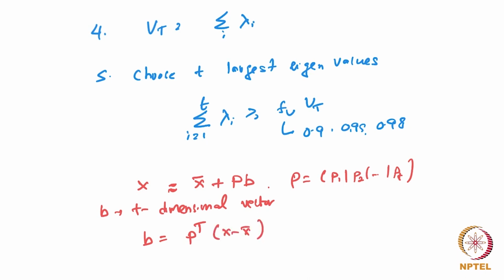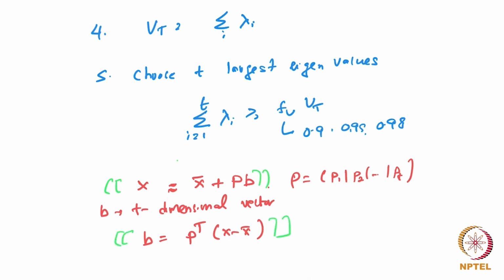Of course, this is done after subtracting out the mean. This will be consistent dimensionally. This is a good exercise. I won't do it now, but I would urge you to look at what the dimensions will be for each of them. Make sure they are dimensionally consistent and meaningful.